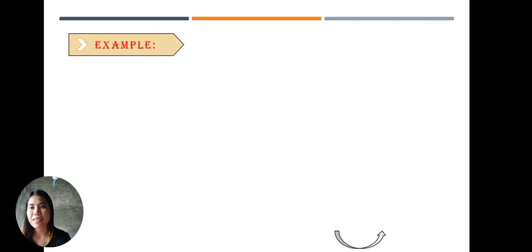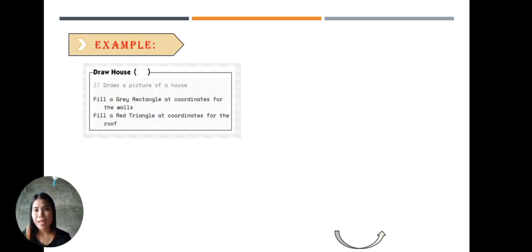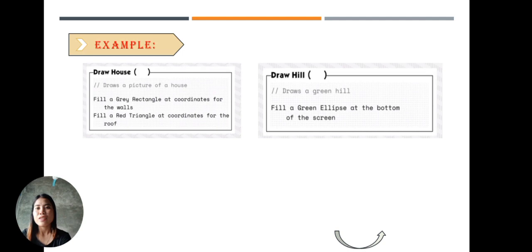So here is an example. You want to draw a house with a gray rectangle at the coordinates for the walls and a red triangle at coordinates for the roof. Then you want your house near a hill. The hill is a green ellipse at the bottom of the screen. Then when planning a house, you have a main plan.